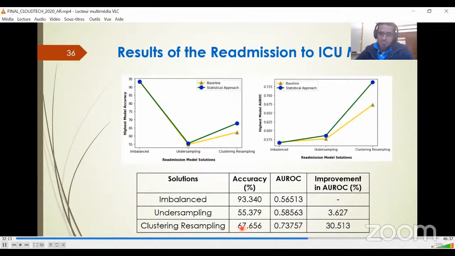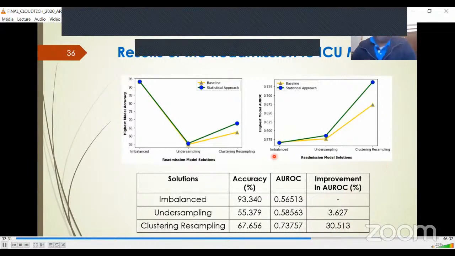We speak about 68%. And for the area under ROC score, we achieve a reasonable score, about 0.73, and a 30% improvement when you compare it to imbalanced classification. This is one thing.